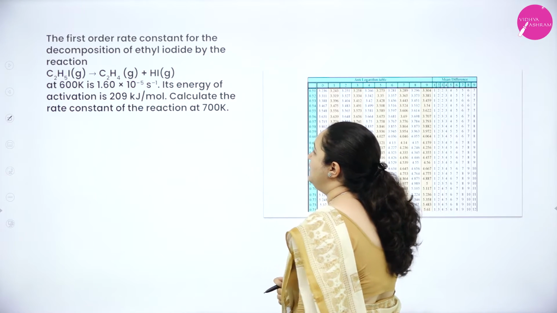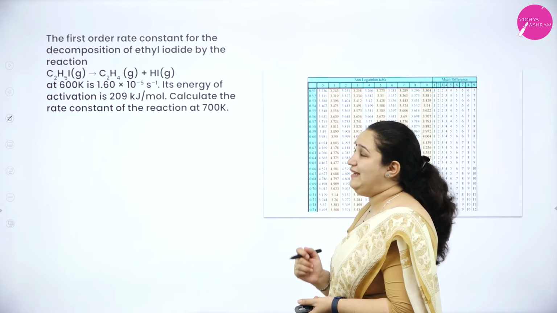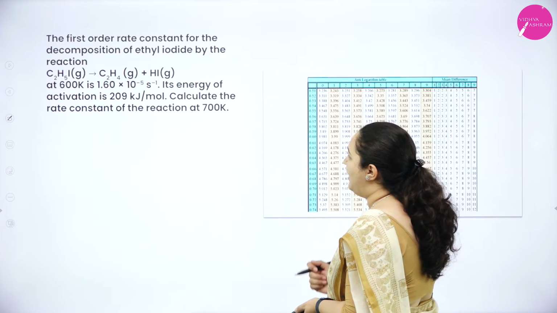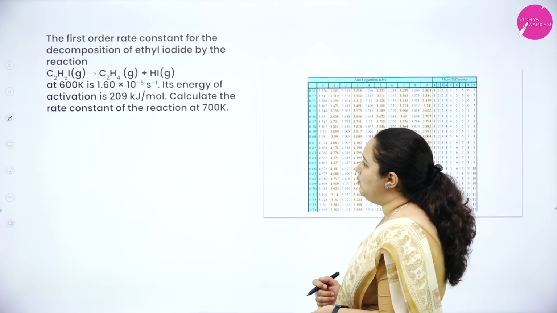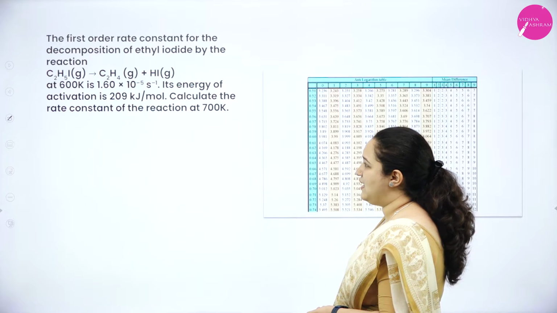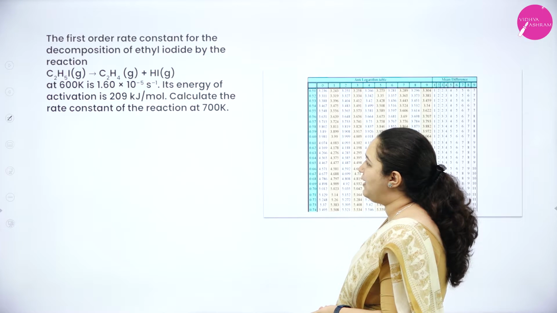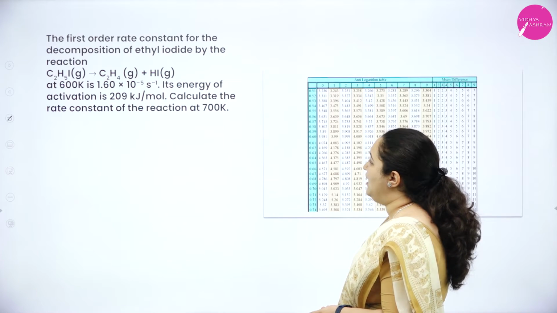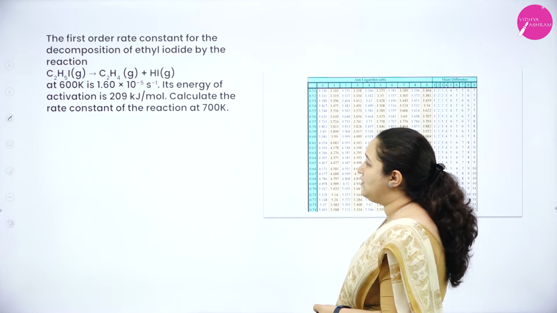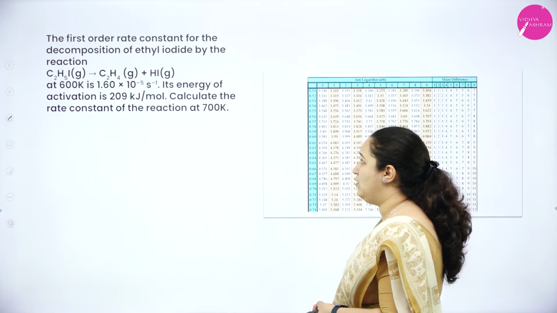The first order rate constant for the decomposition of ethyl iodide by the reaction C2H5I giving C2H4 plus HI at 600 Kelvin is 1.60 into 10 power minus 5 per second. Its energy of activation is 209 kilojoule per mole.